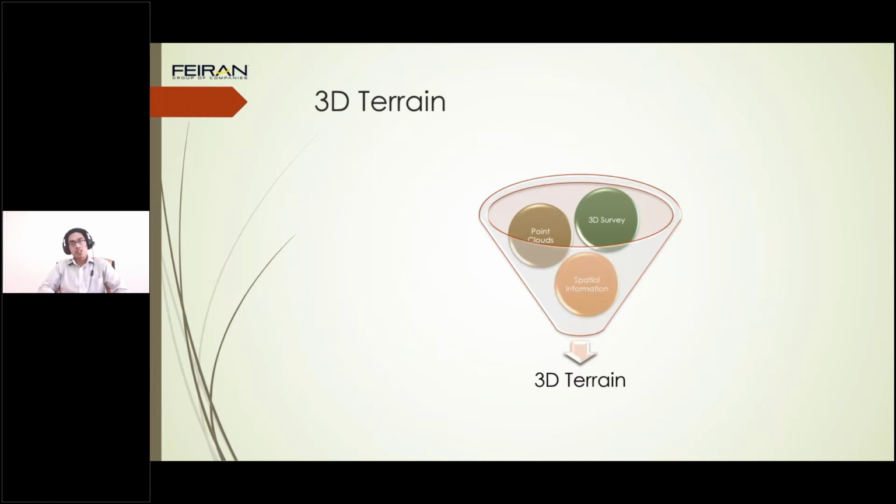So what does it mean by spatial information? The spatial information is a collection of data that we have included into the point as an attribute.